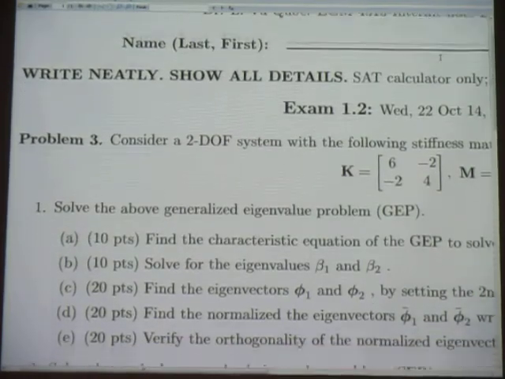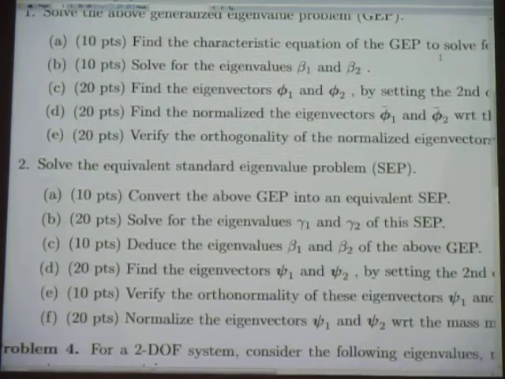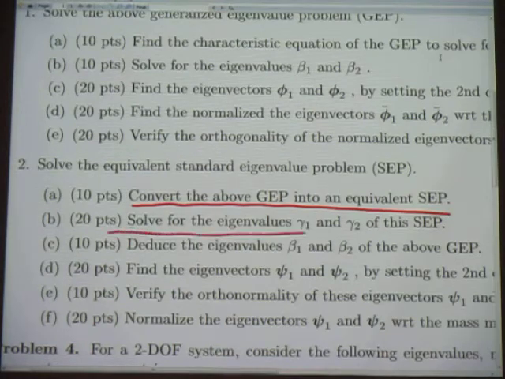And then the next question is even easier, right? The next question in part 2. So the first question was to convert a generalized eigenvalue problem to a standard eigenvalue problem, and this is simple, right? So can someone point out quickly how you solve for the eigenvalues? I call them gamma 1 and gamma 2.